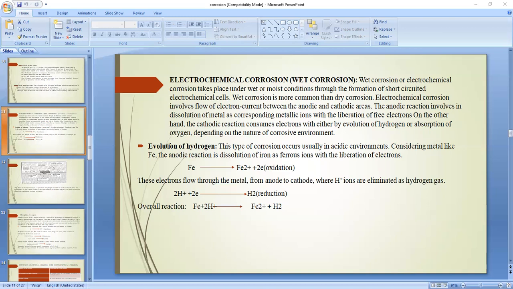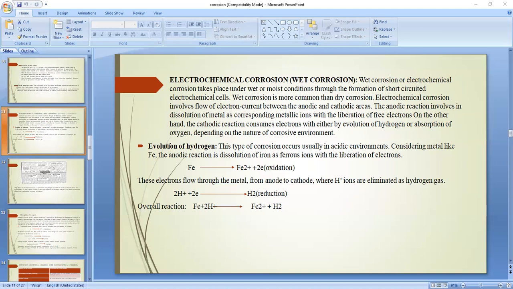So for the evolution of hydrogen gas, if you observe this diagram, the iron metal is exposed to the acidic medium. As soon as the metal is exposed to the acidic medium, the rate of corrosion would be faster. The metal undergoes oxidation, liberating ferrous ions as well as electrons.